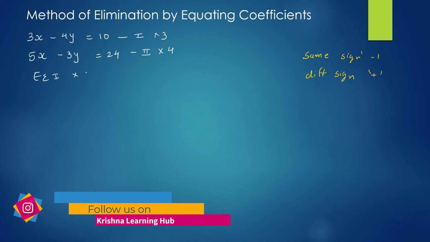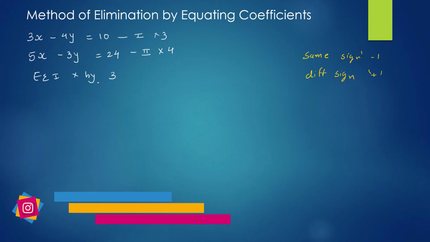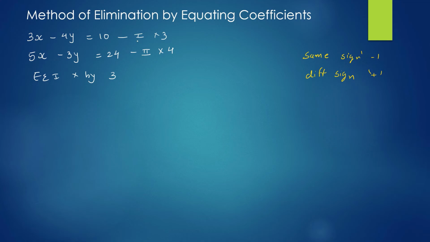Equation 1 multiply by 3. Again, if you are multiplying the equation, then the whole equation should be multiplied, not a single term. So 3 3s are 9x, minus 4 3s are 12y, equal to 10 3s are 30. This is equation number 3.